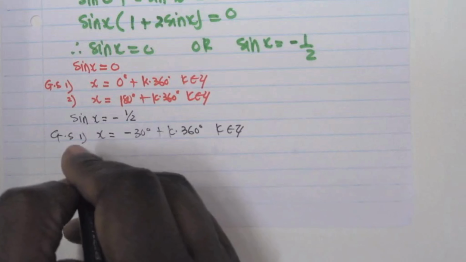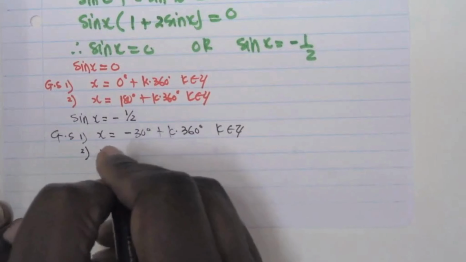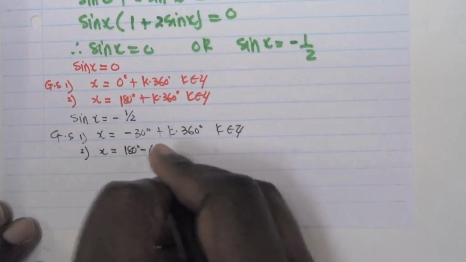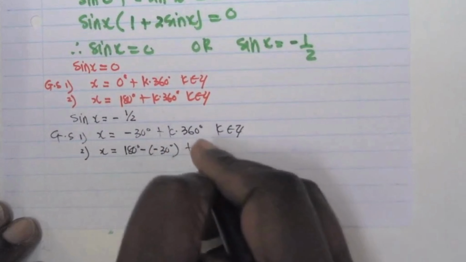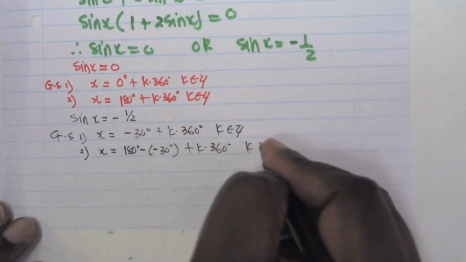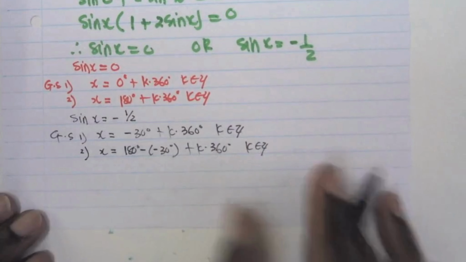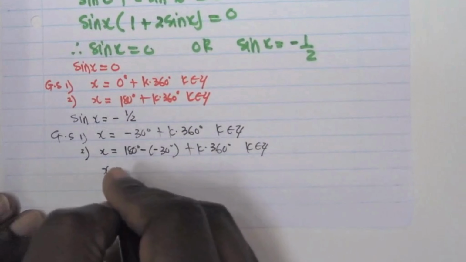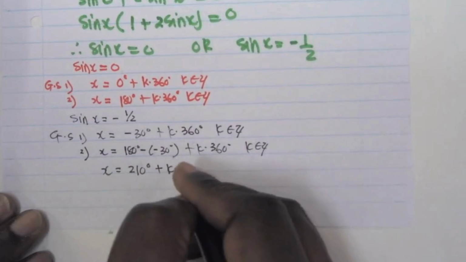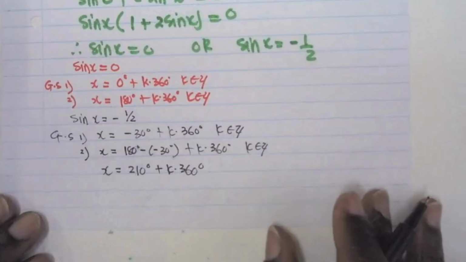And then my second one is going to be x is equal to 180 degrees minus negative 30 plus k of 360 degrees. Again, k is an element of integers. And this simplifies to x is equal to 210 degrees plus k of 360 degrees.